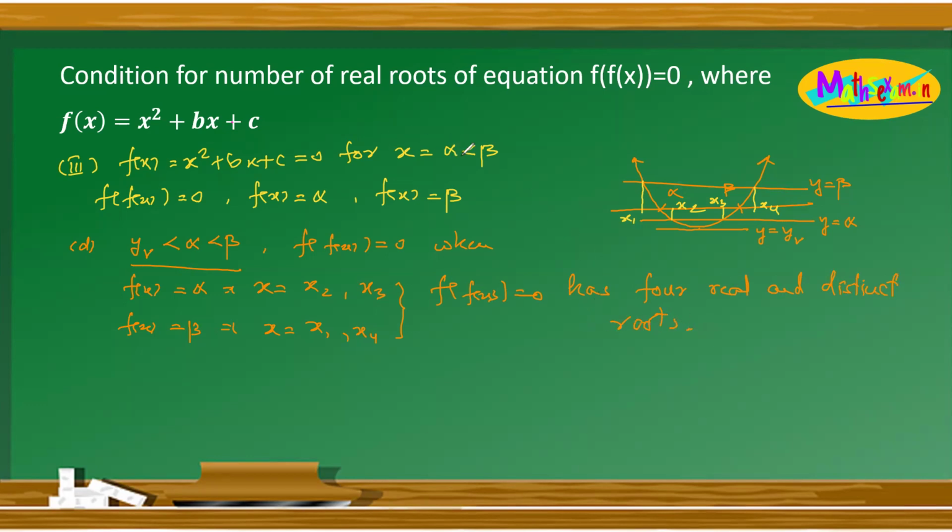So this is how we can say what will be the number of real roots of the equation f of fx is equal to 0, based on the roots of fx and the position of those roots with respect to the y coordinate of the vertex of that parabola fx. Right? So we stop here today.